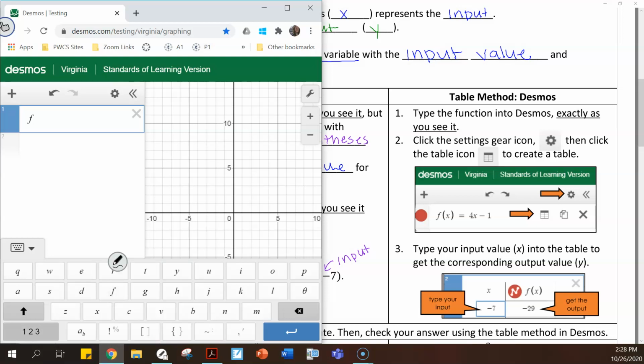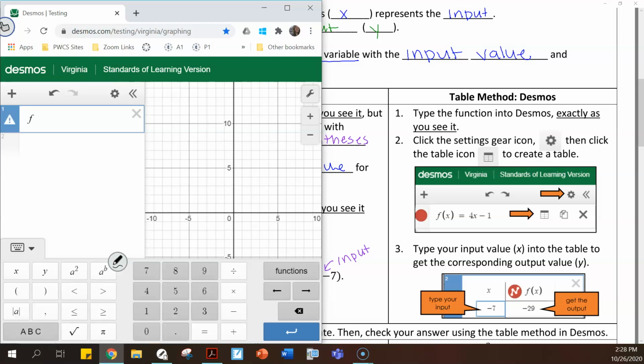So f parentheses x equals 4x minus 1. Now this is going to give you a line. That's fine. Remember that we can represent functions as maps, as tables, as graphs. In this case, they're giving you the graph and the equation. Then I'm going to touch this gear icon right here.